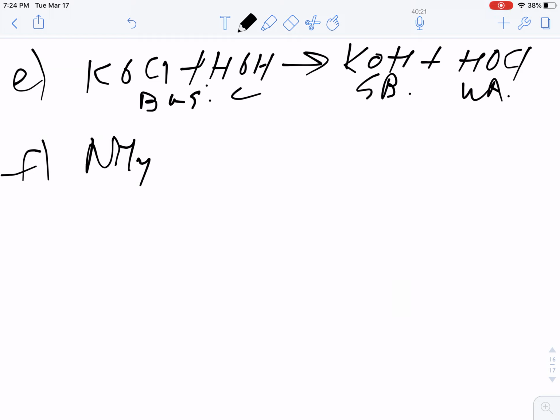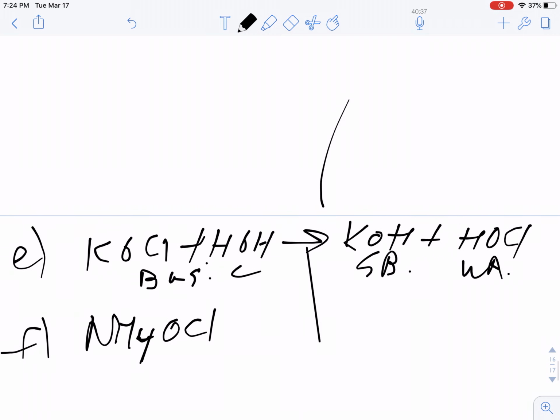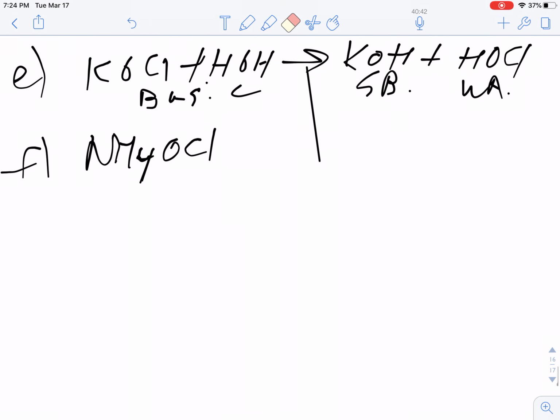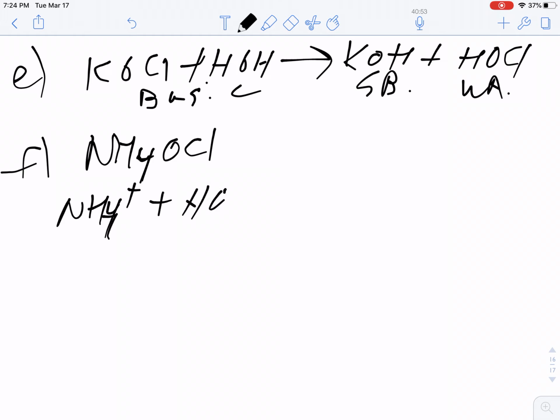ammonium OCl. This is going to be like the last one. This salt is going to break apart and give you these two. NH4 plus is a weak acid, so when it adds to water, it's going to make H3O plus and NH3.